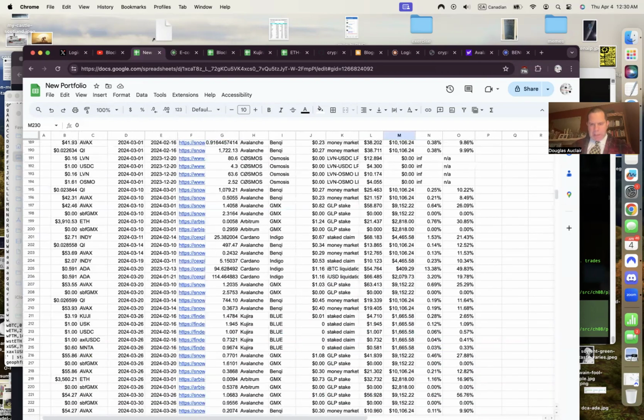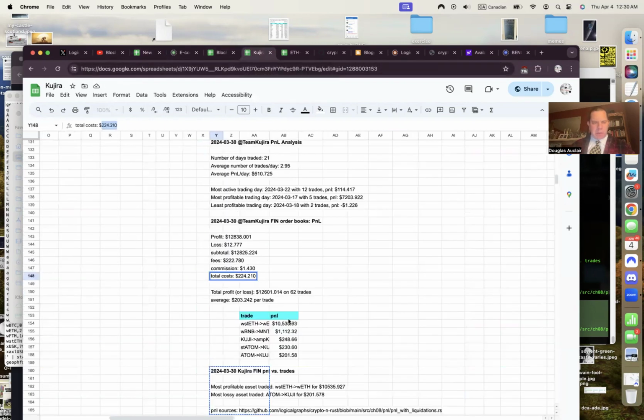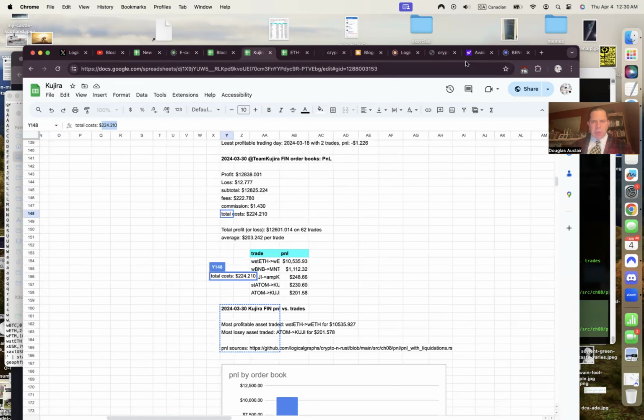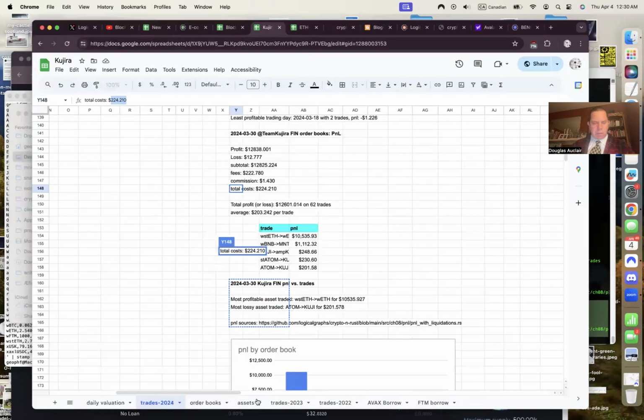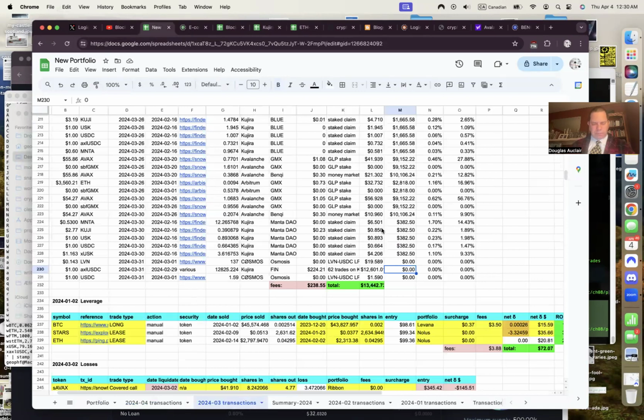And the amount invested is what was on my assets page. So I go to my assets page and get that amount. And so on $44,000 that I had in active trading, I made $12,000, which is approximately 30% return on investment. Annualize that, and you're making 300% in trades.